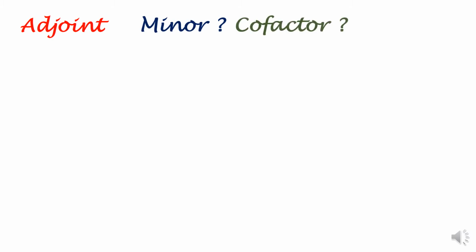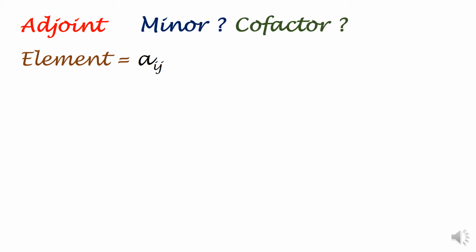Now, before finding out what is the meaning of an adjoint, let us see what is the meaning of minor and cofactor of a matrix. Remember that any element of a matrix is denoted as small aij, where i and j denote the rows and columns.